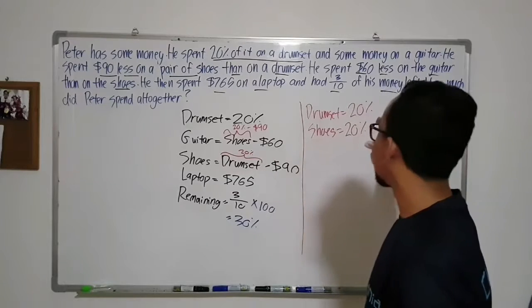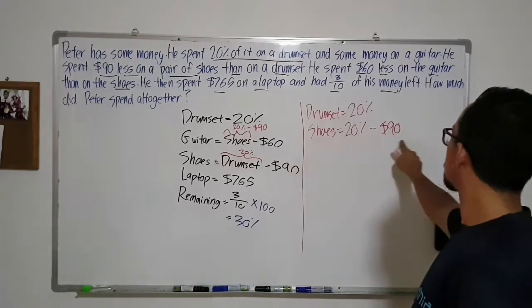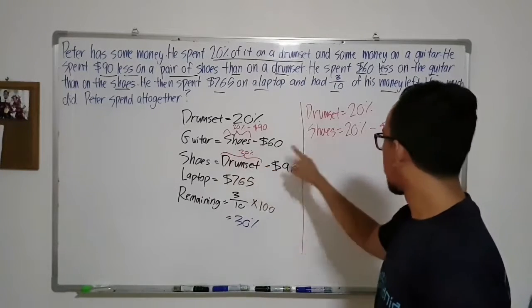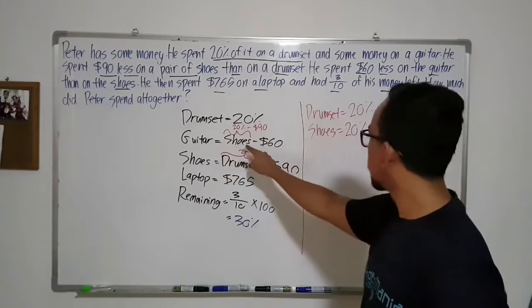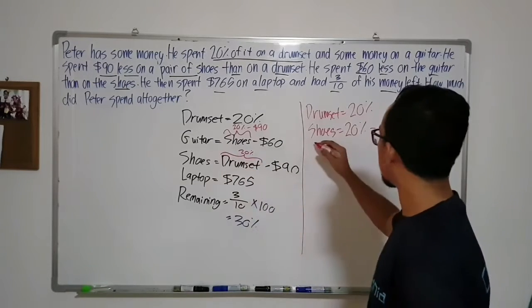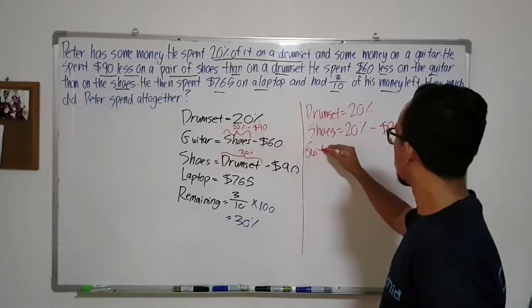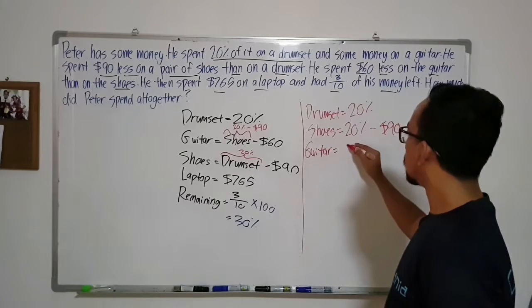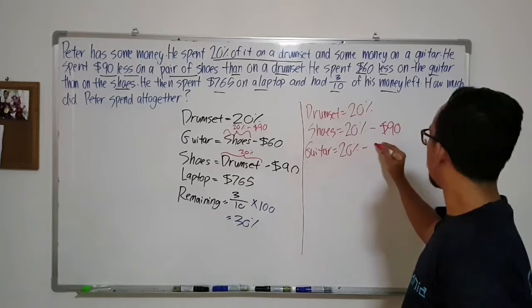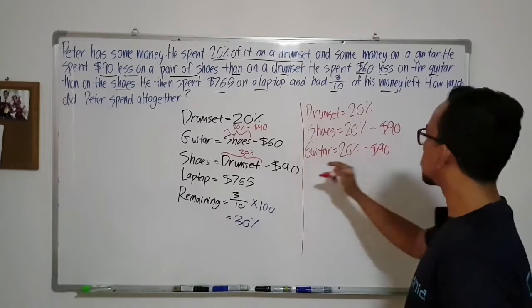Don't just write out 20% because the shoe is equals to one statement. So write out the statement. Okay? So you can just substitute the whole value here into this cute little shoes over here. So you can write down guitar equals to the shoes, which is 20% minus $90.